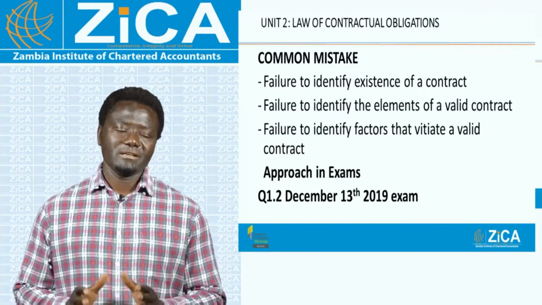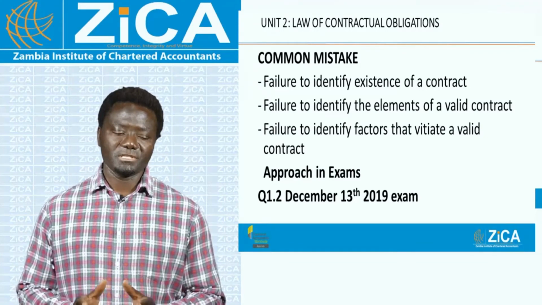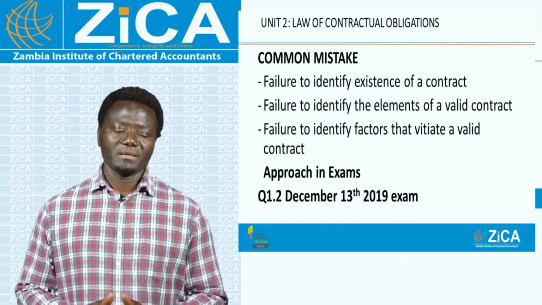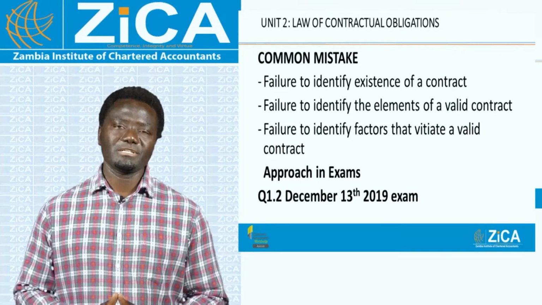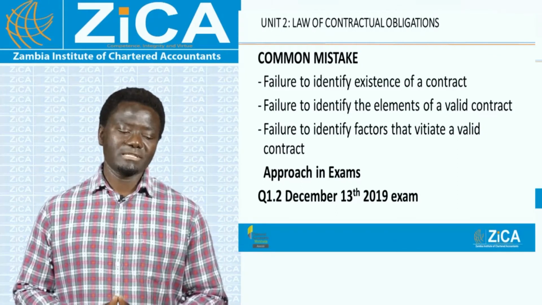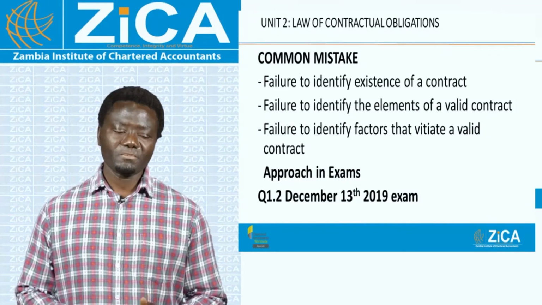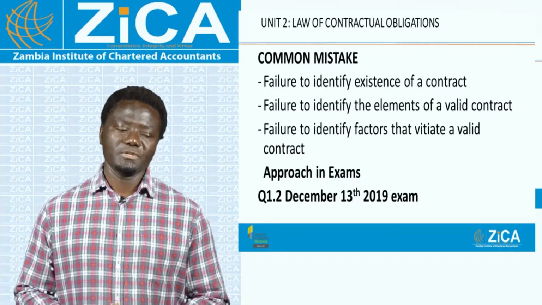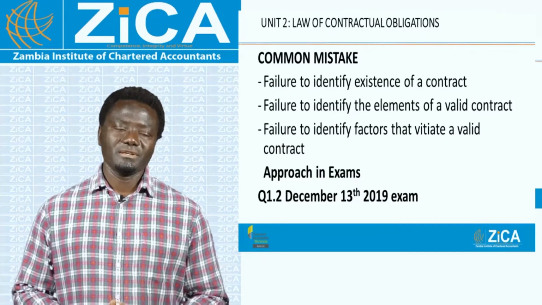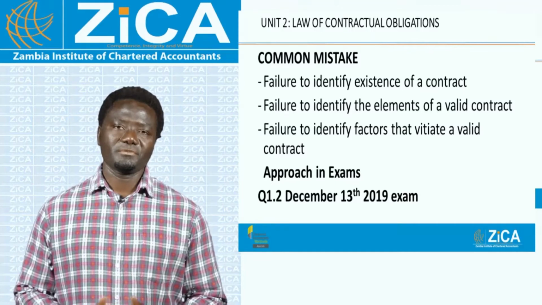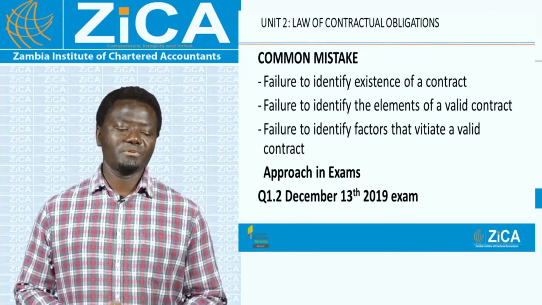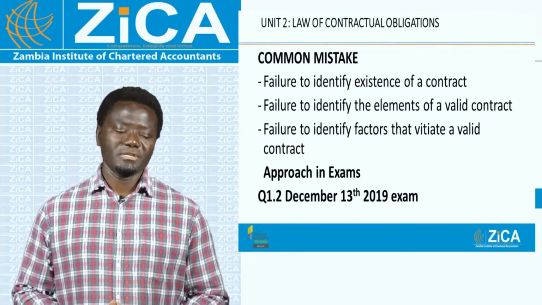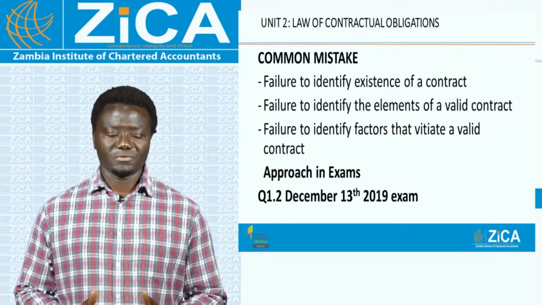It said, the call for bids during an auction sale is an example of. So there are 4 options to that question. Option number 1 says an acceptance. Option number 2 says an offer. Option number 3 says a consideration. And then option number 4 says an invitation to treat.